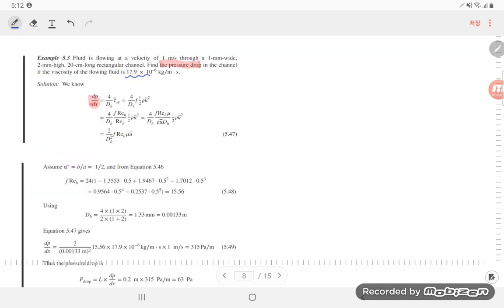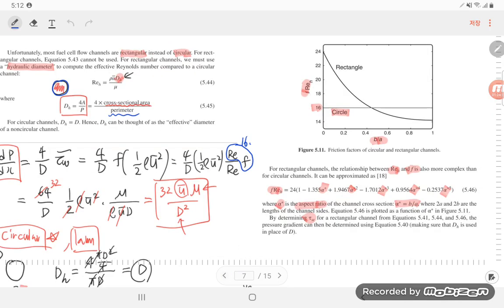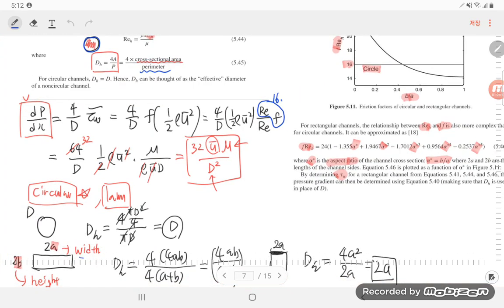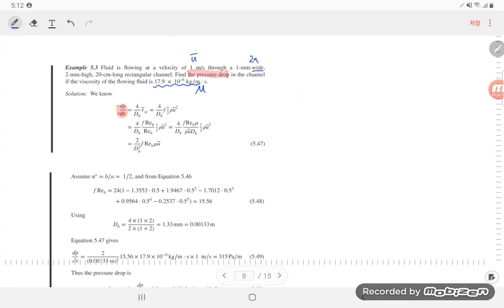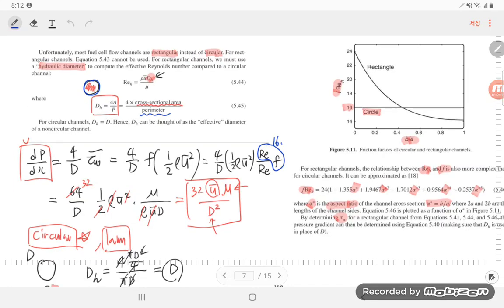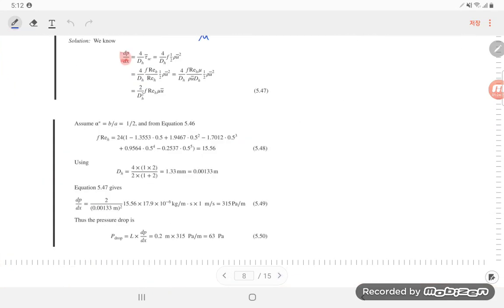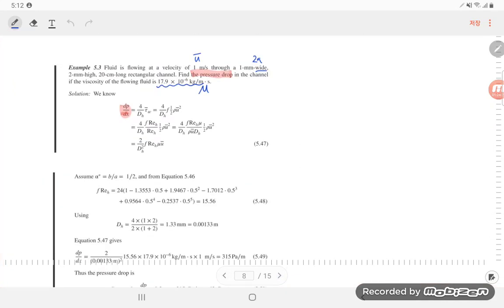In here, this is mu and velocity u, and width, I just said, this is width 2a, and this is height 2b.